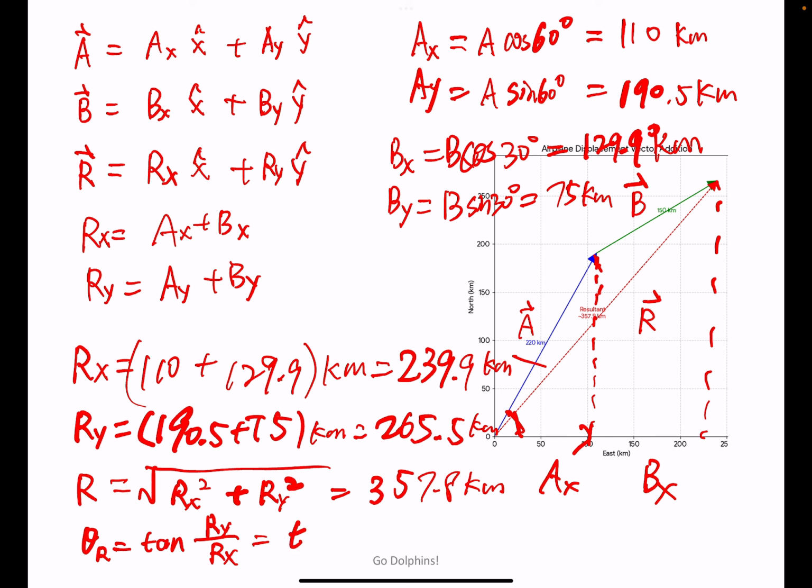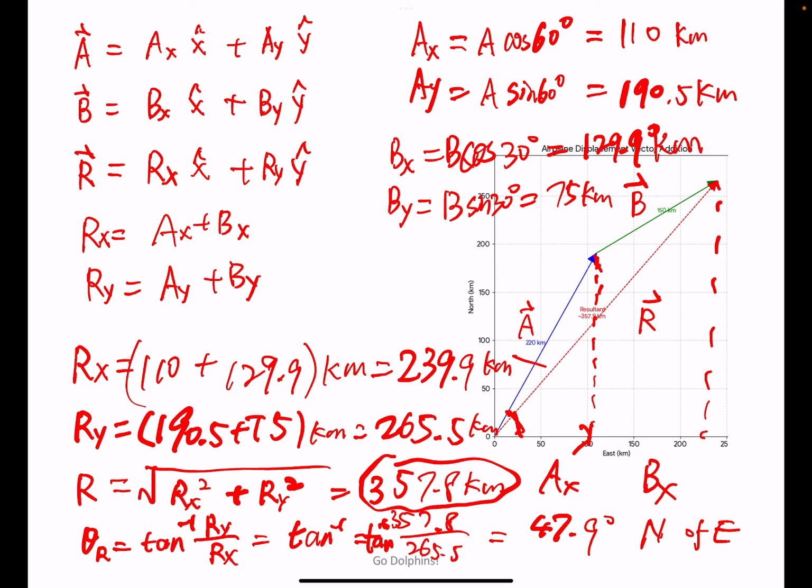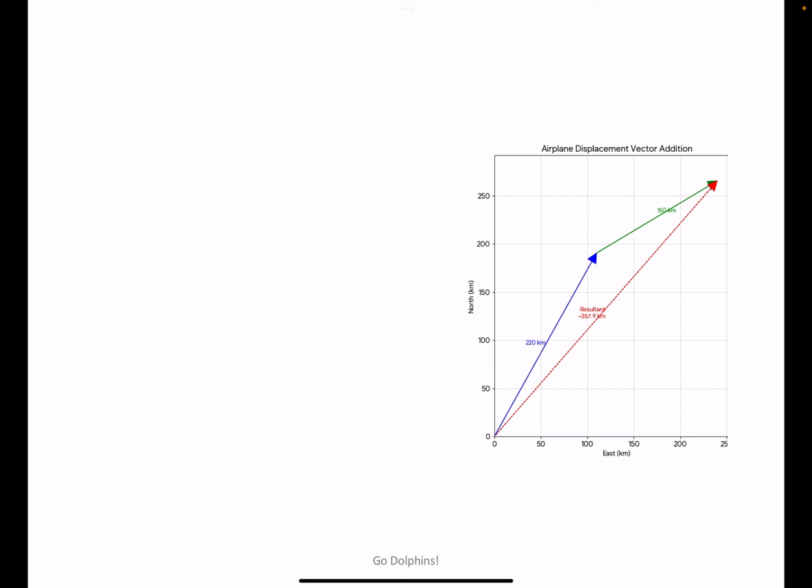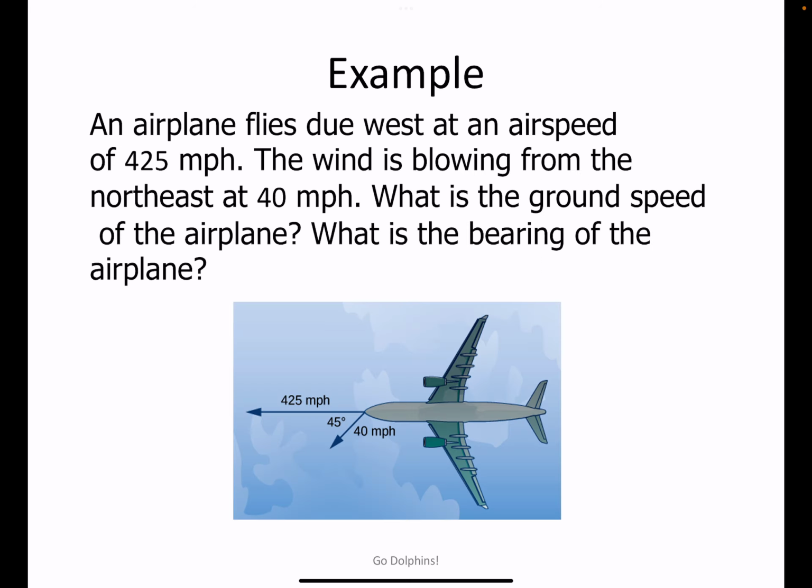So inverse tangent 265.5 over 239.9, which gives us 47.9° north of east. Okay, so those two are the final answer. That's how we solve this kind of problem. Yeah, try to work on it by yourself to get a grasp of this concept.